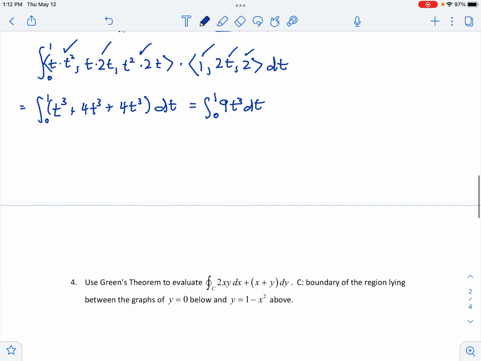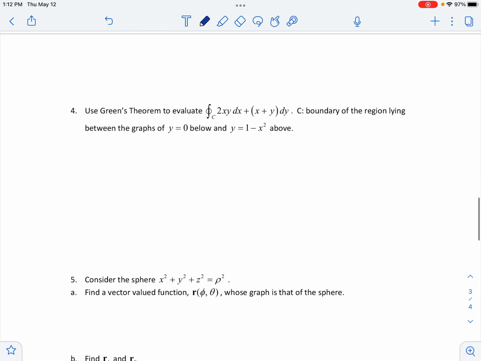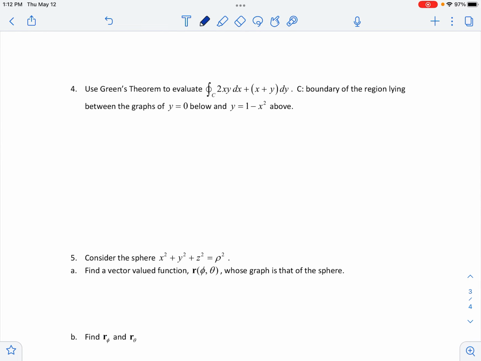So you've got a nice, easy integral there that you can work. Yeah, so that's easy. Okay, now let's look at this one. Now this one, you see this little circle here on the integral, that indicates you've got a closed boundary here. You've got a closed region for this line integral.